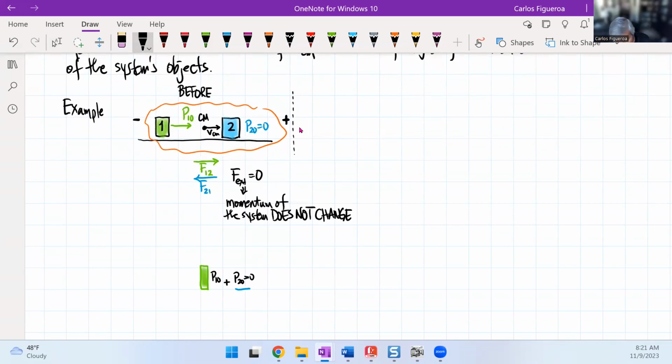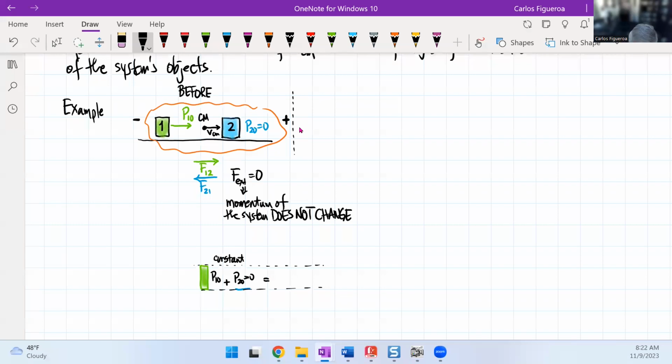So when I look at my total momentum of the system, this tells me here that this guy has to be a constant. Okay, it has to be a constant.